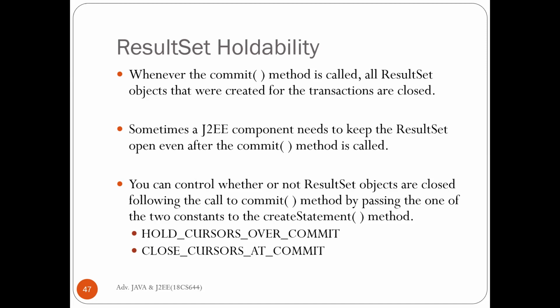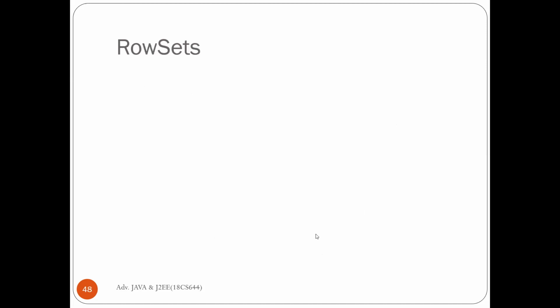The other one, CLOSE_CURSORS_AT_COMMIT, is the default, which means the cursor for the result set will be closed when we call the commit method. So these are the two constants that we can use for result set holdability. Only one constant provides the holdability, that is HOLD_CURSORS_OVER_COMMIT.